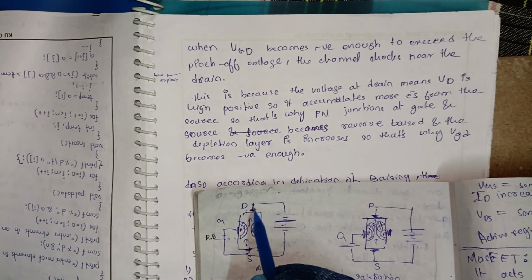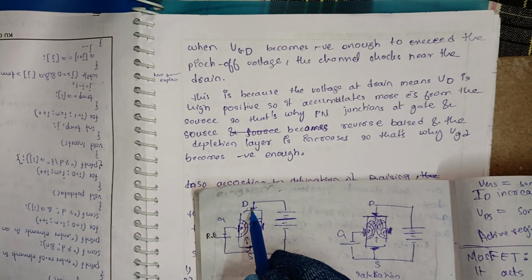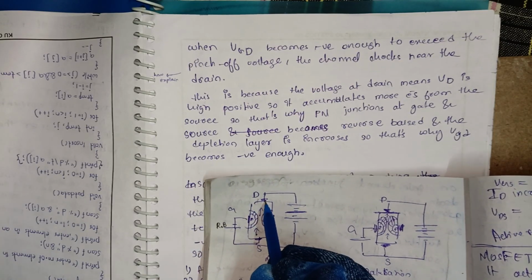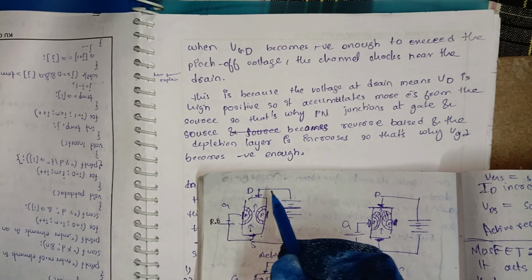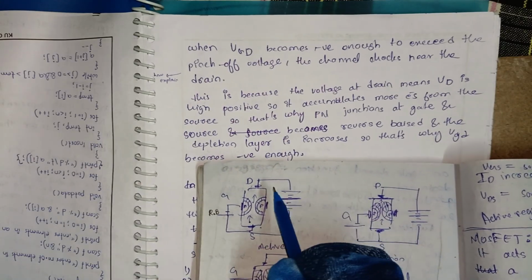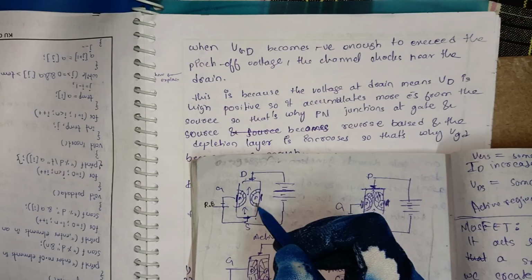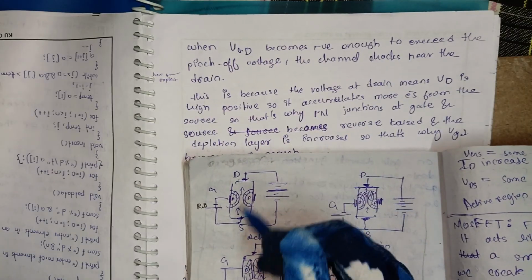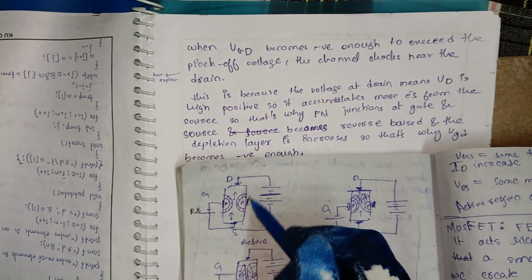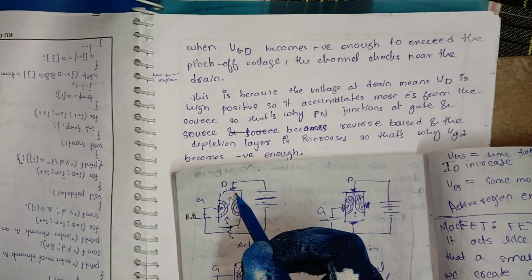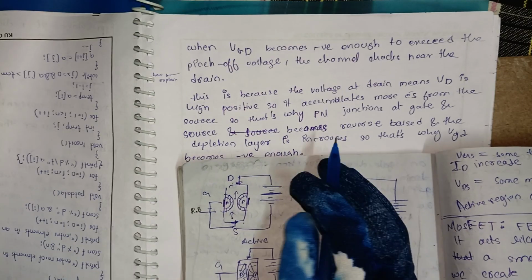If you apply a more high positive voltage at the drain, it accumulates more electrons from the source, because the flow of electrons in an n channel JFET is from source to drain only.